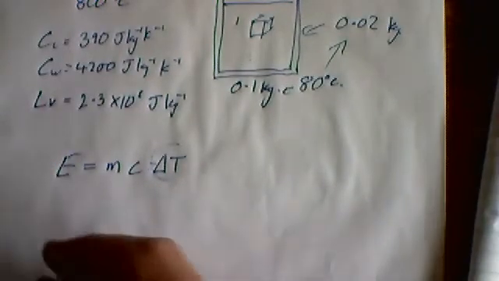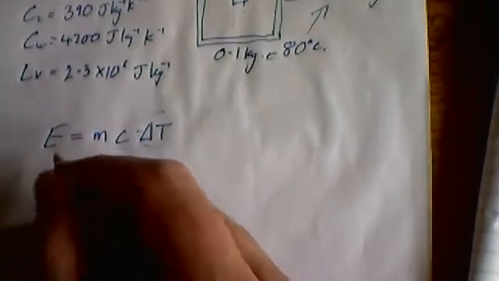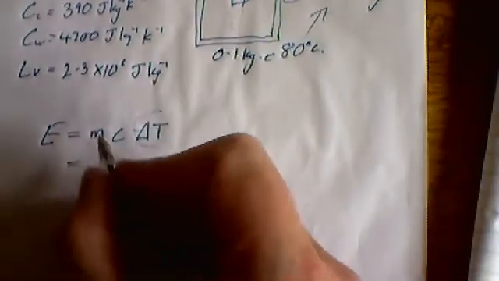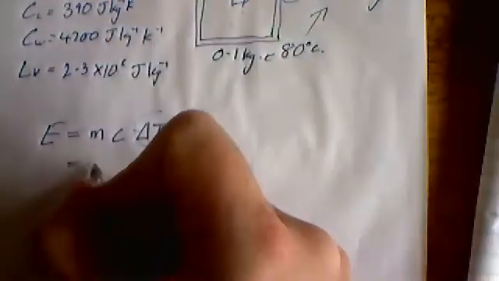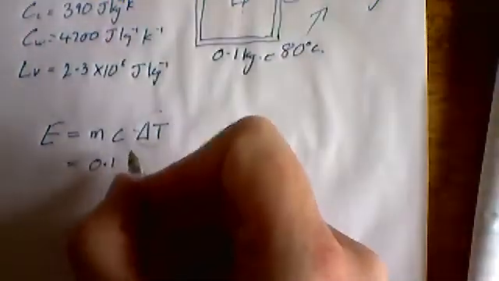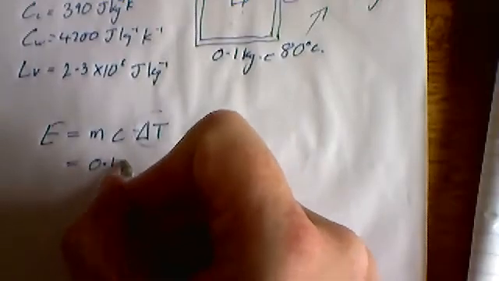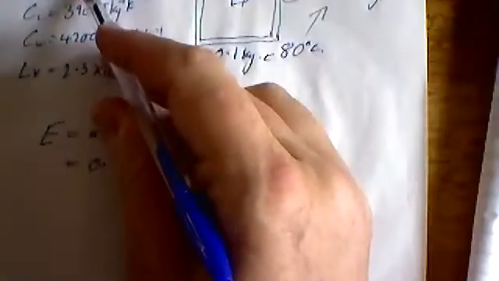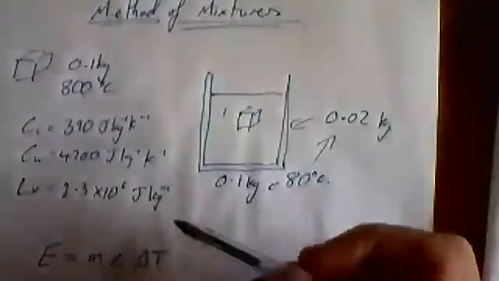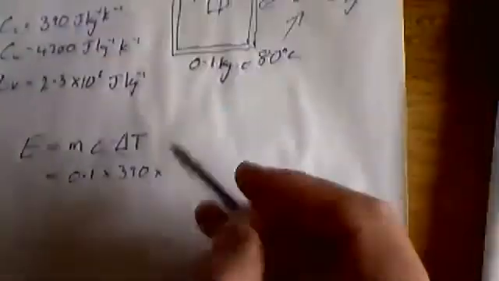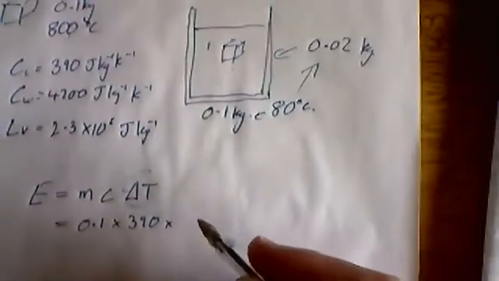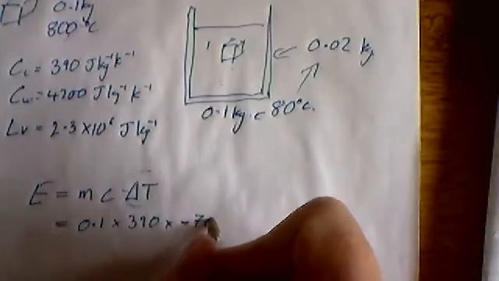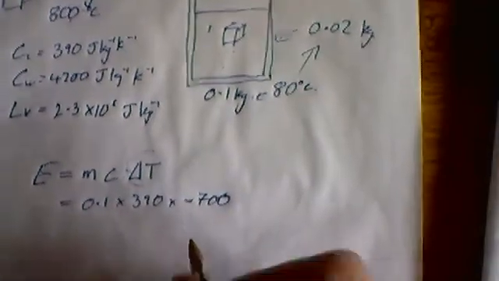Anyway, we've got the mass of the copper is 0.1. Specific heat capacity of copper is 390, and our drop in temperature is going from 800 degrees down to 100 degrees, so it's falling 700 degrees.